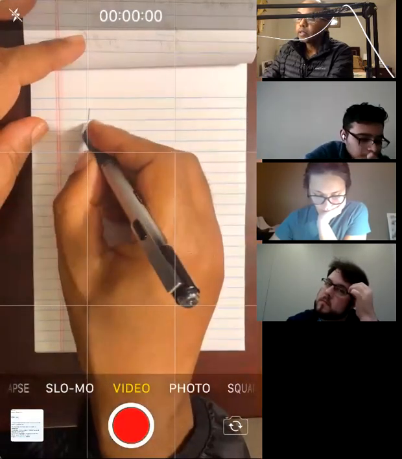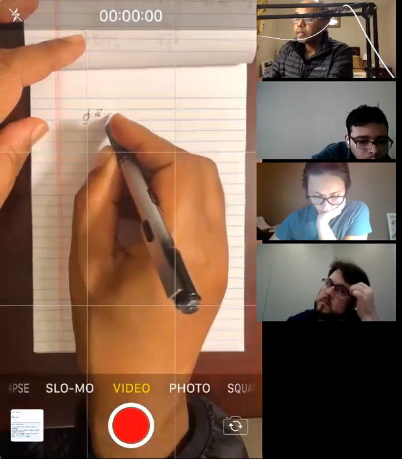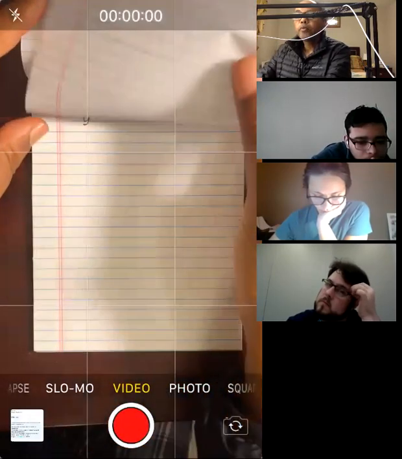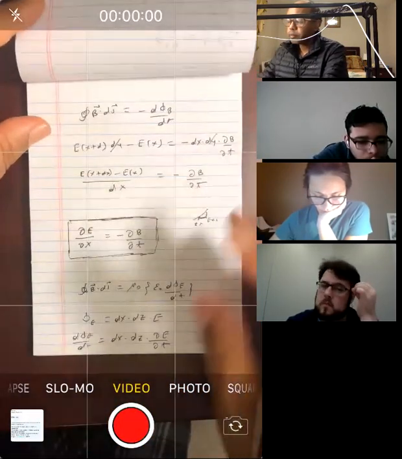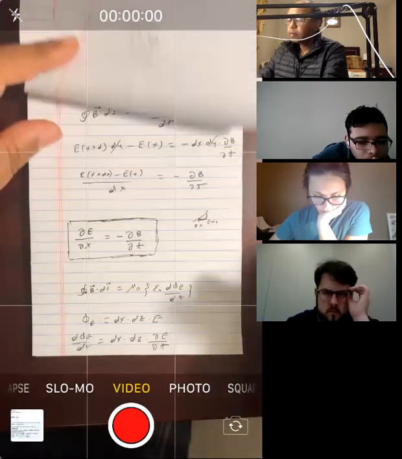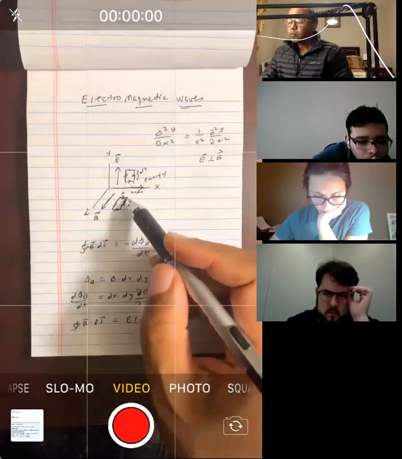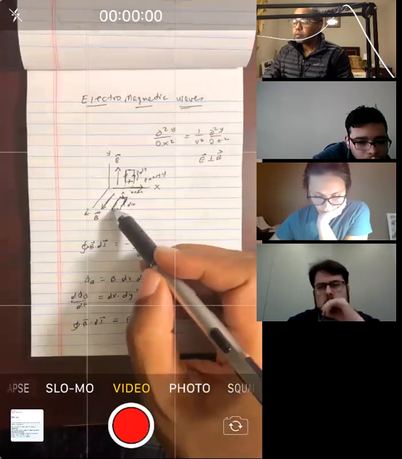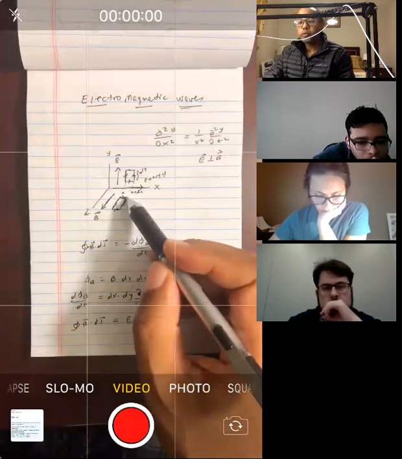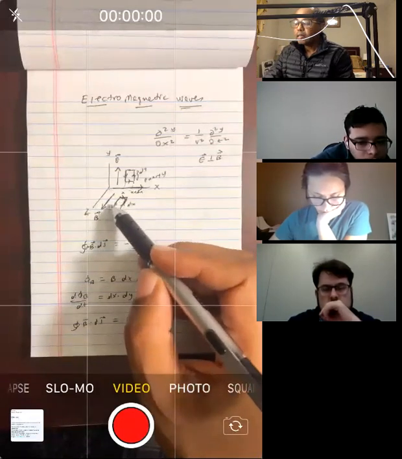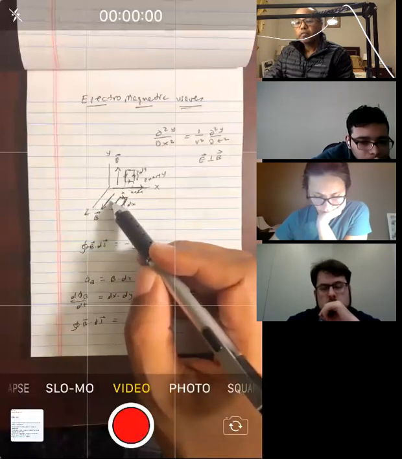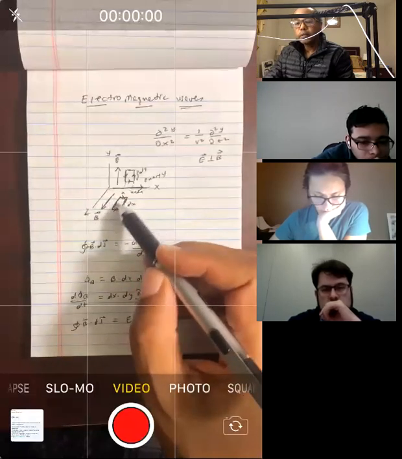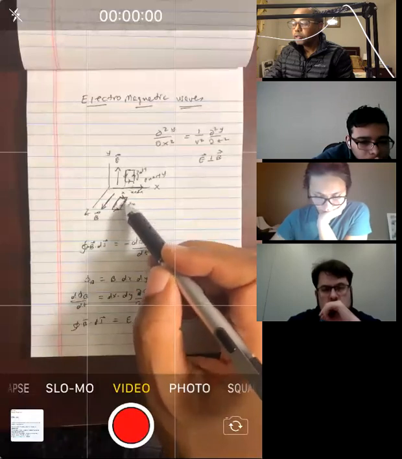The line integral on that rectangle, B dot ds. Okay, now remember, the magnetic field is this way, right? So the line integral on this side is going to be 0 because the path and the magnetic field are perpendicular. Okay, so we have only contributions from these two.